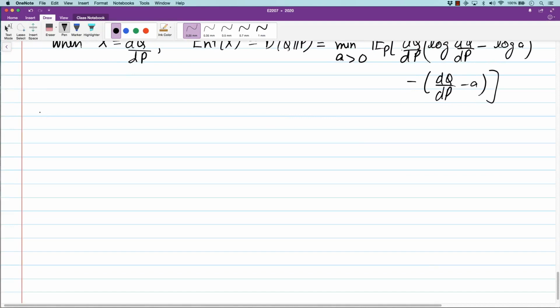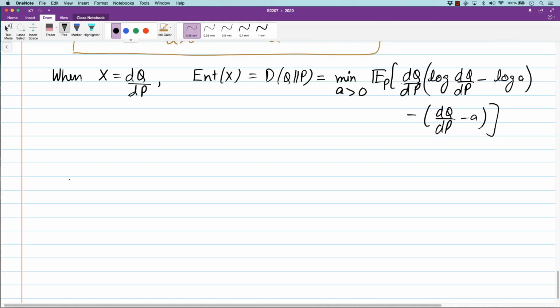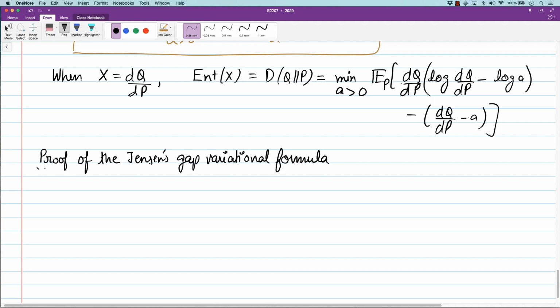This is the proof of the Jensen's Gap variational formula. I'm making this name up, it's not a standard name, but you know why I'm calling it that.